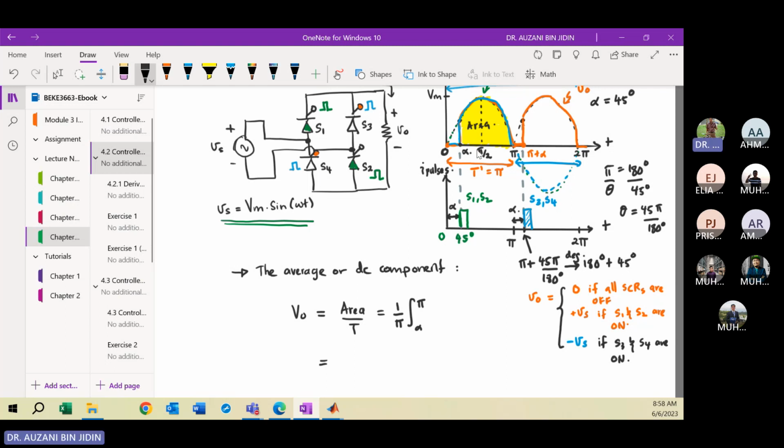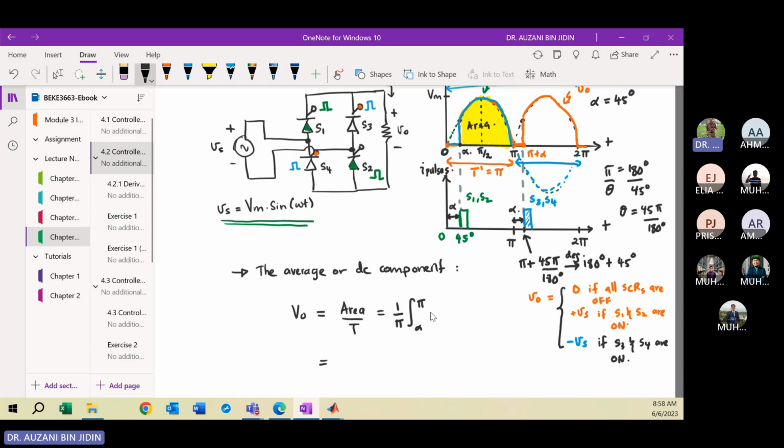Because from 0 to alpha, the output voltage is 0. So you need to integrate to calculate the area from alpha to pi, the function of Vs. Because in this case, your VO is Vs.